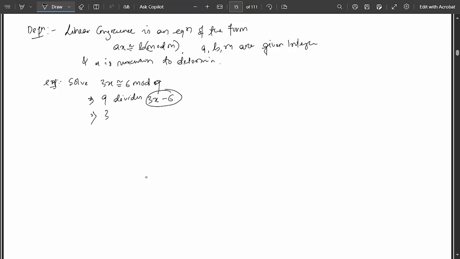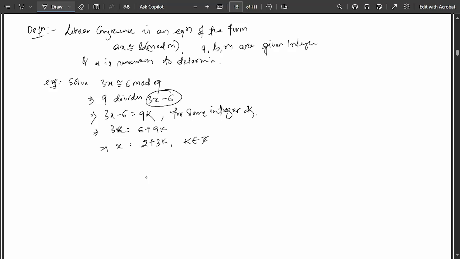So I can write 3x minus 6 equals 9k for some integer k. On solving this, 3x equals 6 plus 9k, and x will be 2 plus 3k for some integer k.